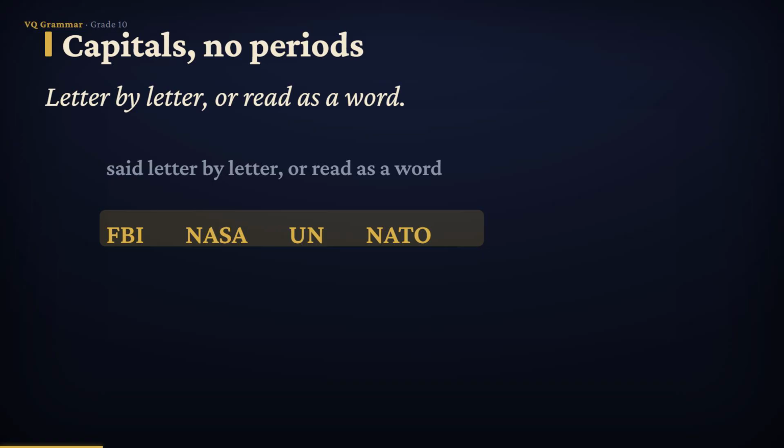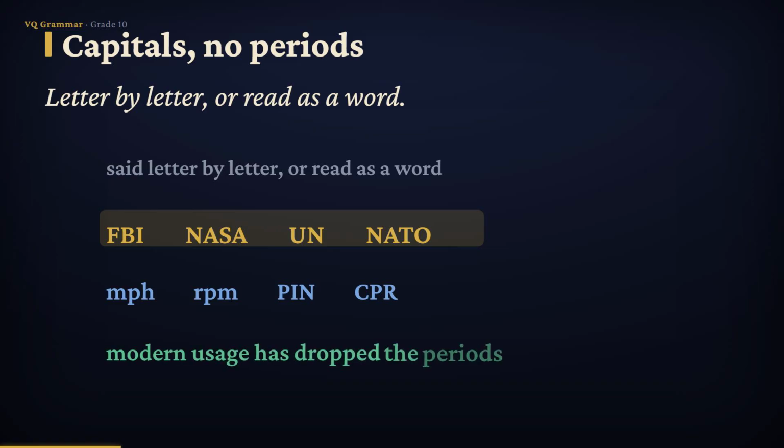The same goes for the shorthand on a speedometer or an engine gauge, MPH, RPM. Now, you may have seen an older book print F period, B period, I period, and that was once standard, but modern usage has dropped the periods, and you should drop them too. There are 2 stubborn holdouts worth memorizing. U.S. and Washington, D.C. still keep theirs.